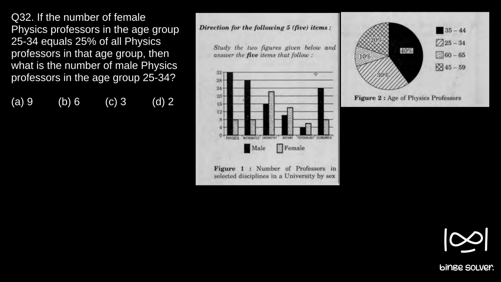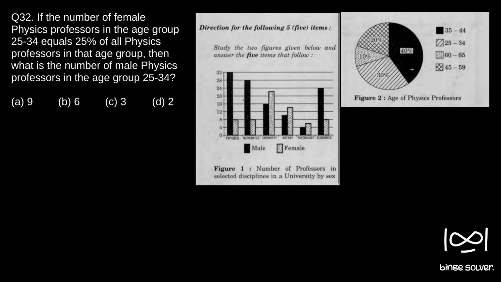Next question. Question 32. If the number of female physics professors in the age group 25 to 34 equals 25% of all physics professors in that age group, then what is the number of male physics professors in that age group? So we have that figure for 25 to 34.